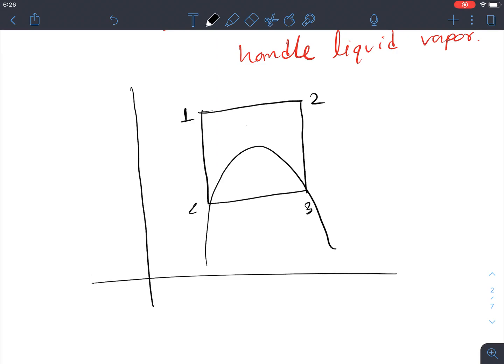To increase the cycle temperature, the process 1 to 2 is basically going into the superheated region. However, the impracticalities of this cycle still remain. This cycle is not realistic, because it's an isothermal condition, right?